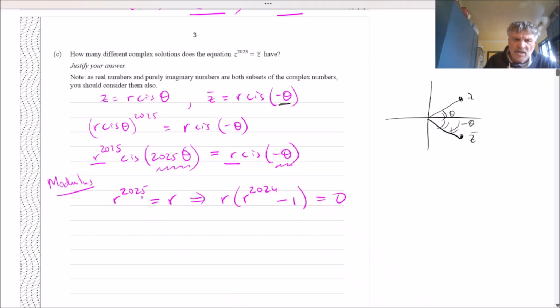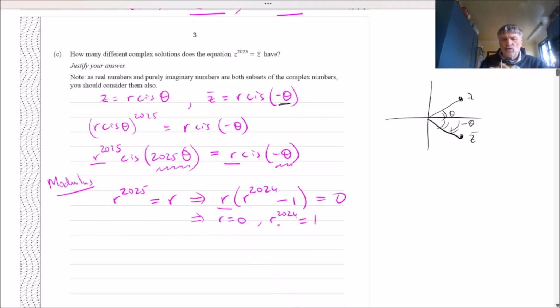I've just shifted the r to the other side, then taken a factor of r outside. And this equation has one solution, r equals 0, and it has another solution, r to the power of 2024 has to equal 1.